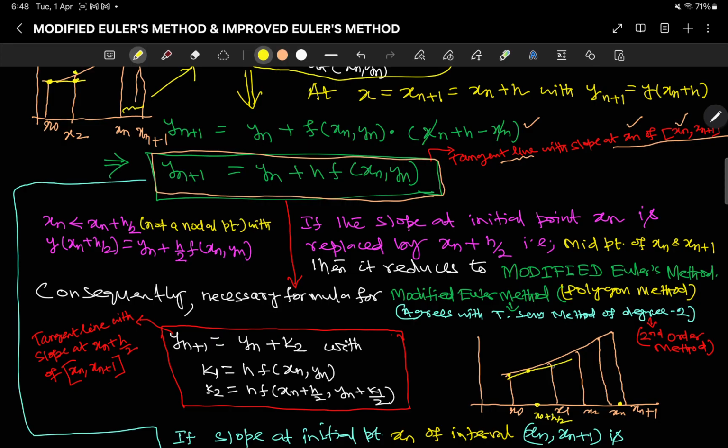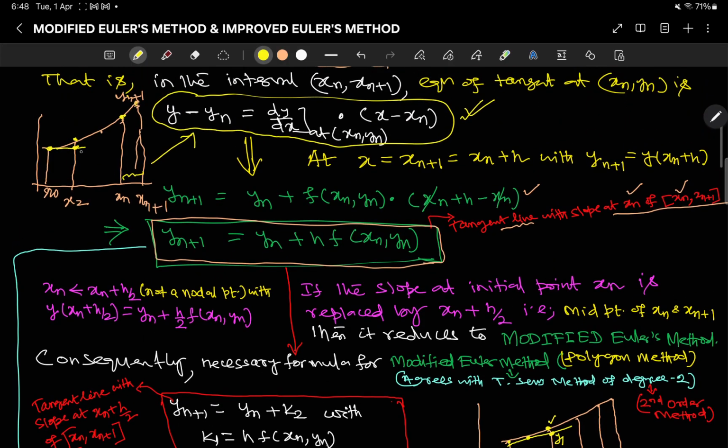I am getting this y1 here. This is the exact, and this is the approximate y1 we are getting numerically. If you compare it, the gap between the numerical y1 and the exact y1 is a little less, meaning it is closer. Somehow it is modified to minimize the error.